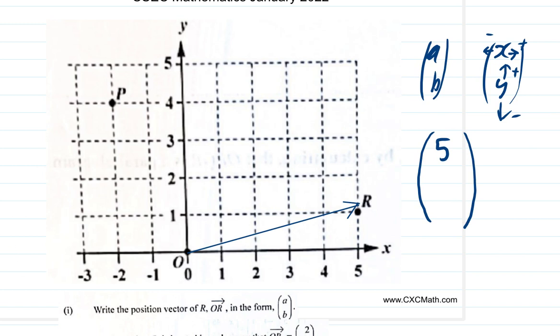Now, vertically, after you reach here, you turn the corner. You move up 1 unit. So B would be a positive 1. So the position vector is 5, 1. So there you have it.